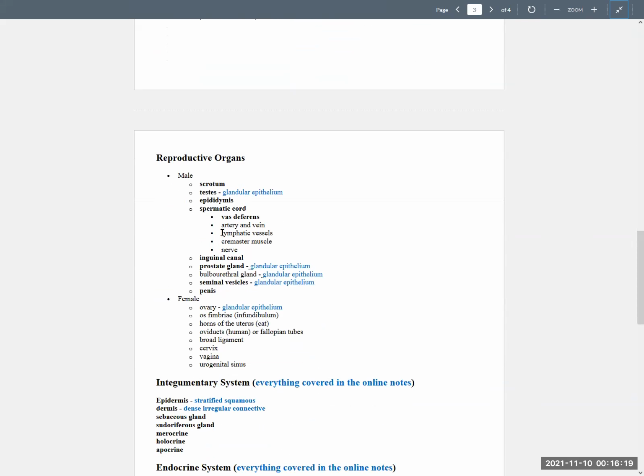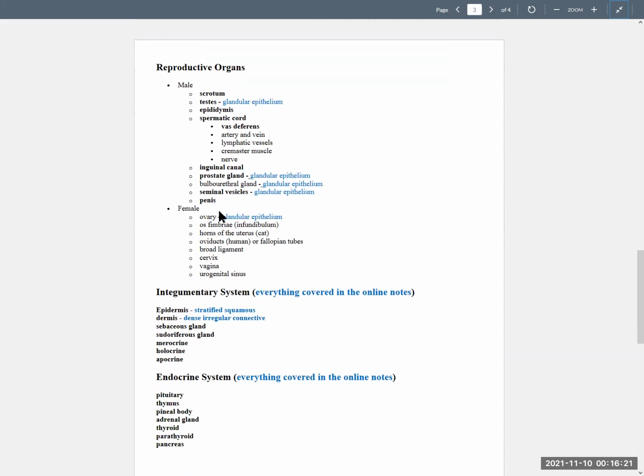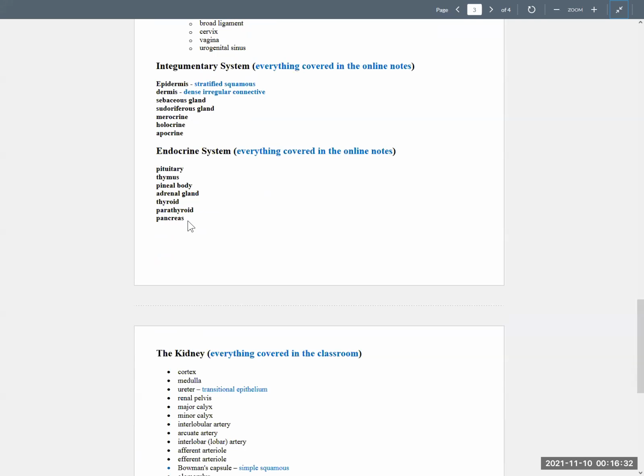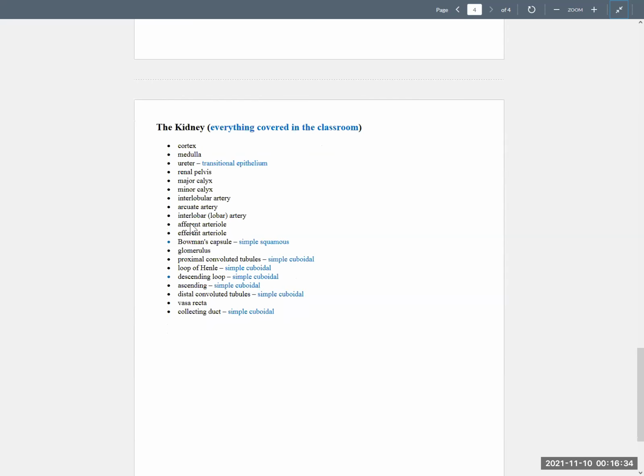The reproductive system, same thing. Okay, I'm not going to go through it one at a time with you right now. That's your choice if you'd like to get started on these. The kidney. We talked about the kidney quite some time ago.